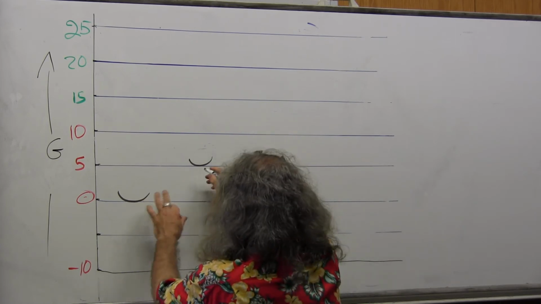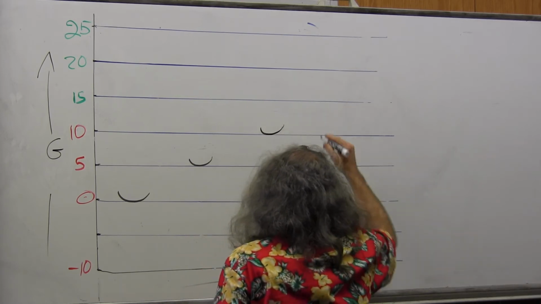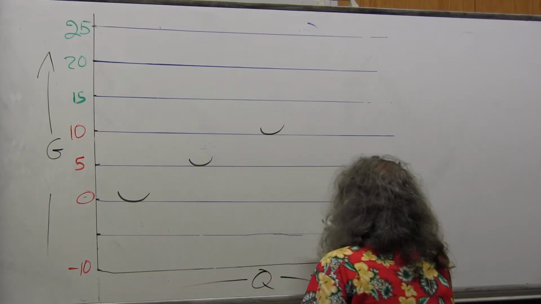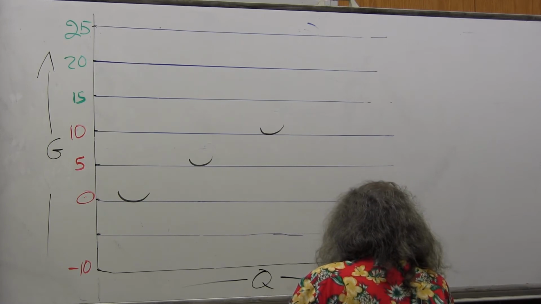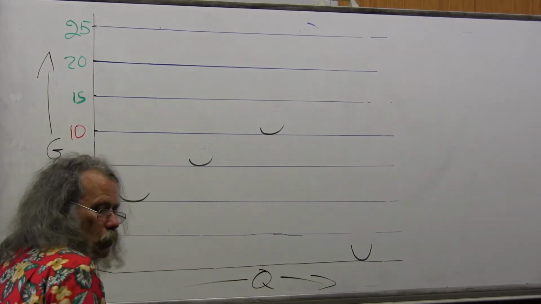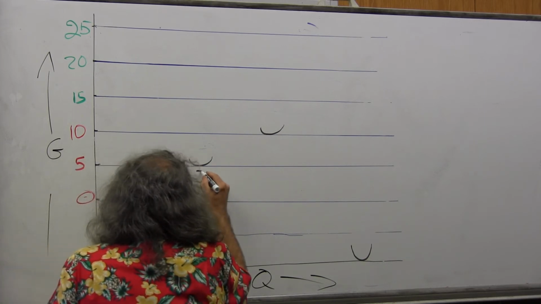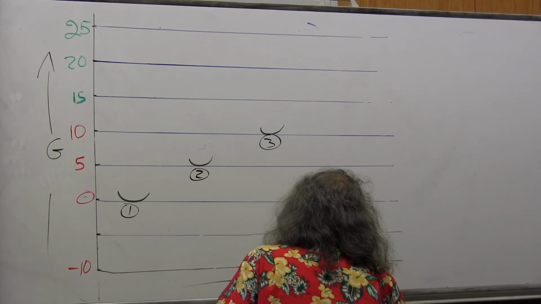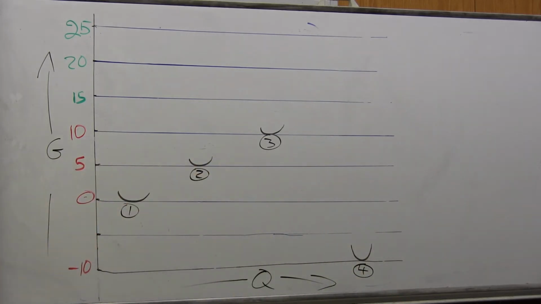I have to have a little room in between. And then the last well is at minus 10 kilojoules. So if I go about this far, it's down here. So I've done all my wells. Okay? And this is going to be 1, this is 2, this is 3, and this is 4. So I've got all my species and my wells taken care of.